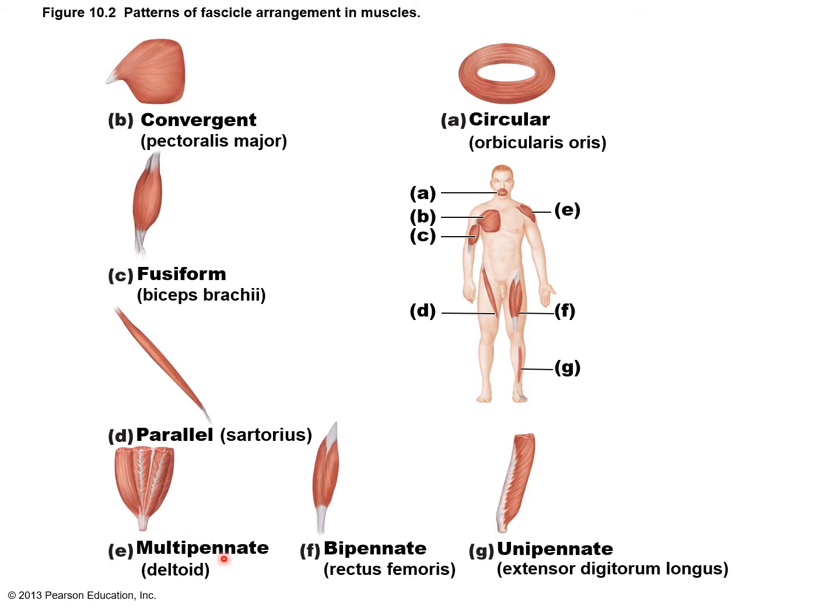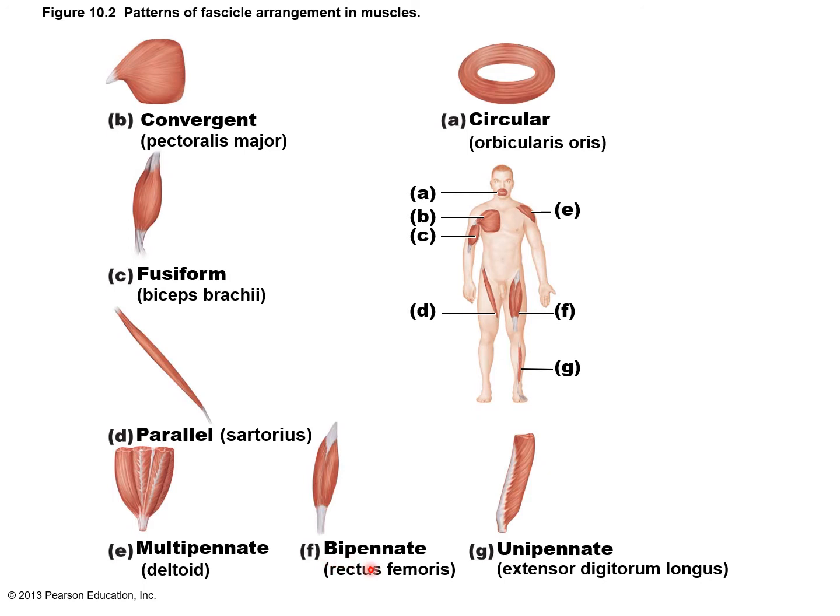Now, pennate, the word pennate means feather-like. And these are short fascicles that attach obliquely to a central tendon running the length of the muscle. So you can have multipennate, where you have multiple bundles of fascicles, and that's the deltoid, which is the superficial muscle of the shoulder.